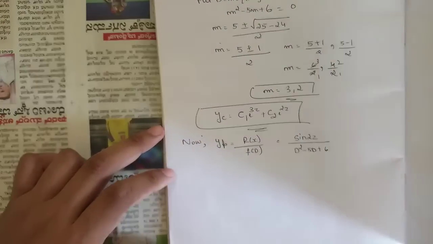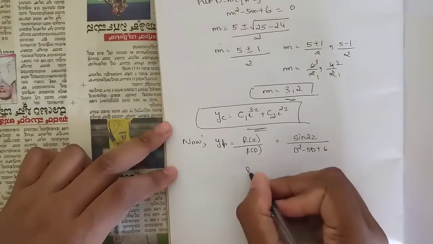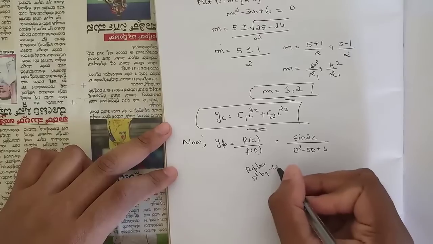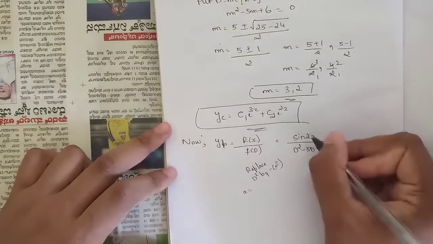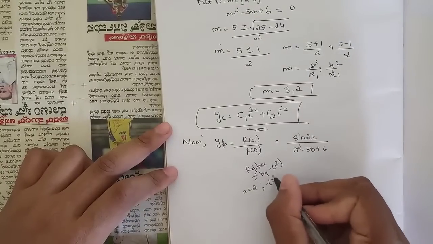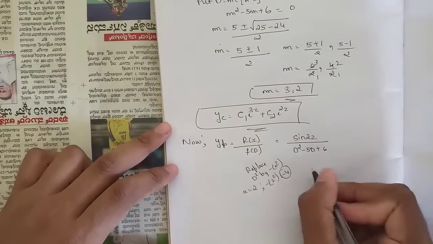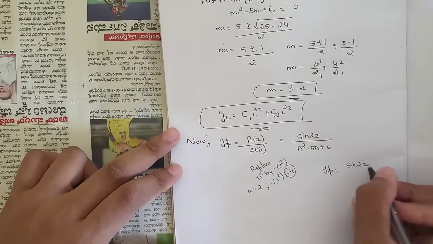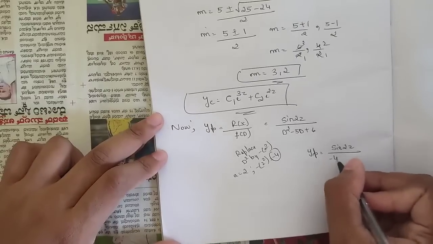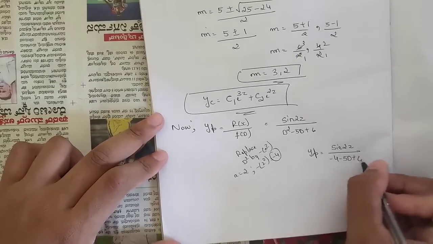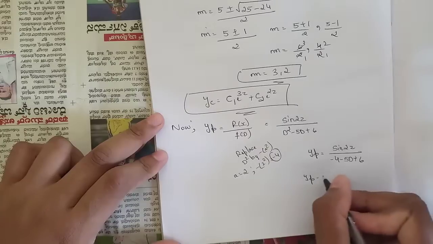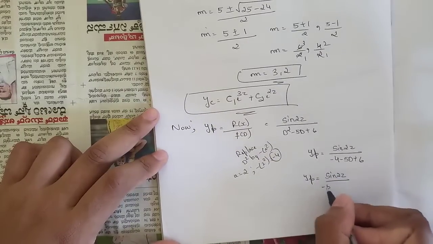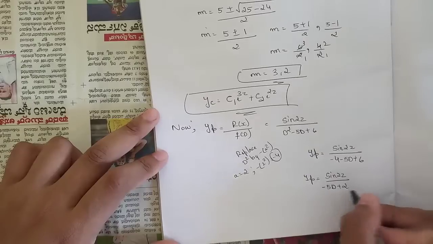Here again we need to replace D square by minus of a square, where the value of a here is 2, so minus of 2 square equal to minus 4. So yp would be sine 2z divided by minus 4 minus 5D plus 6, that is sine 2z divided by minus 5D plus 2.